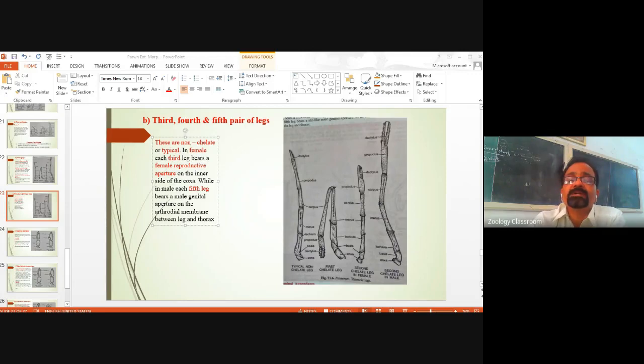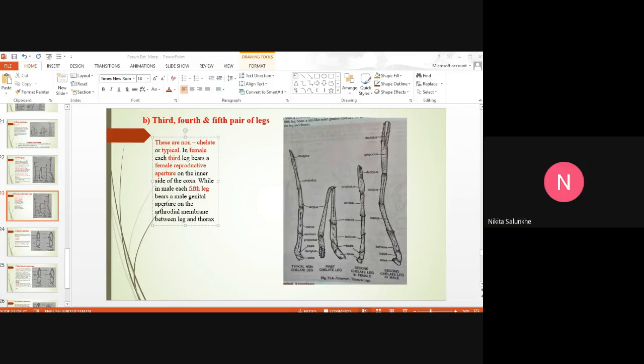Okay, Nikita, tell me now. Sir, there are total 19 appendages in the body of prawn, in which 13 are in the cephalothoracic region, and 6 pairs are present in the abdominal region. Very good. In the cephalothoracic region, there are two parts. First is cephalic and second is thoracic.